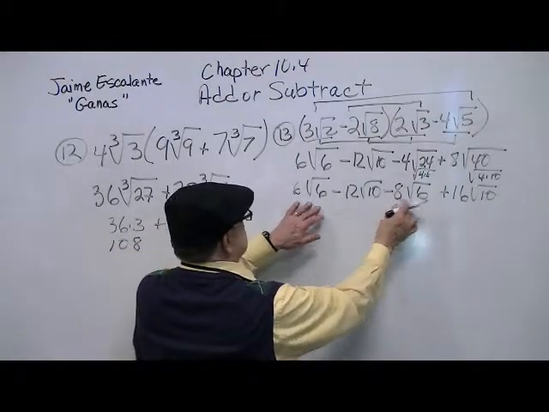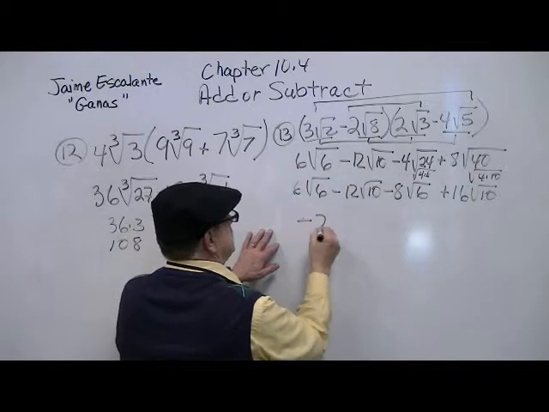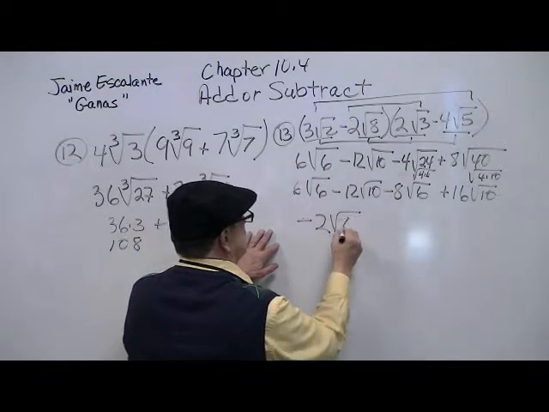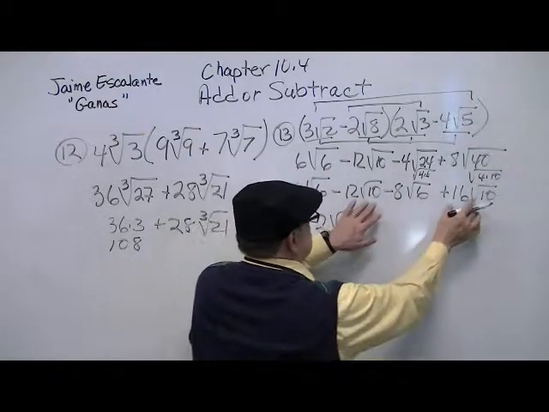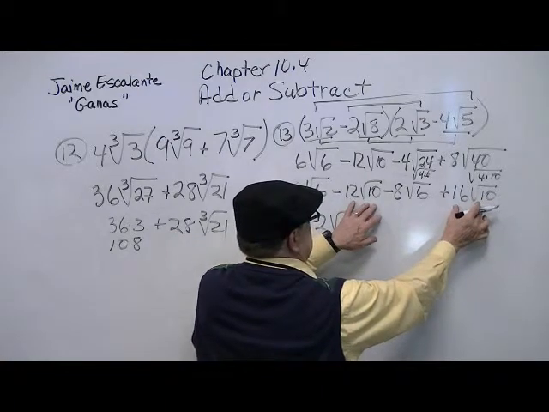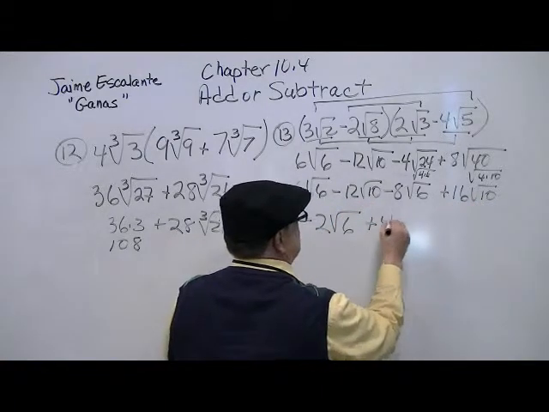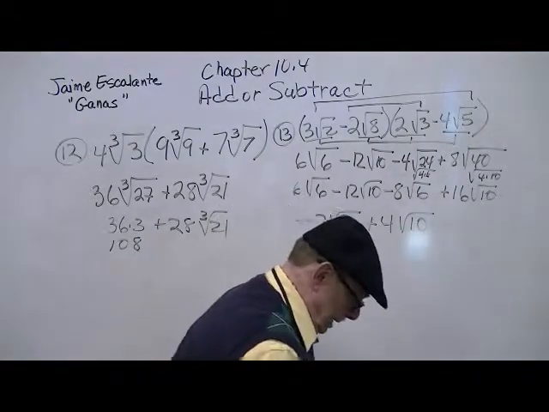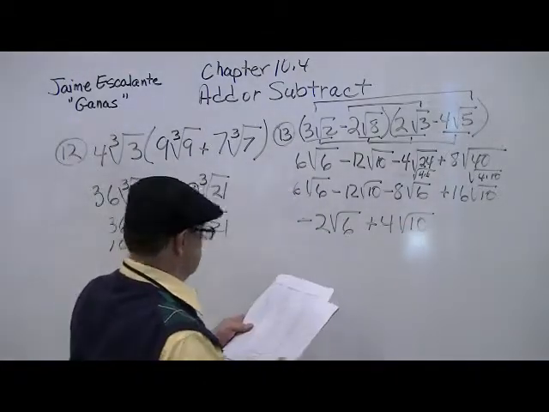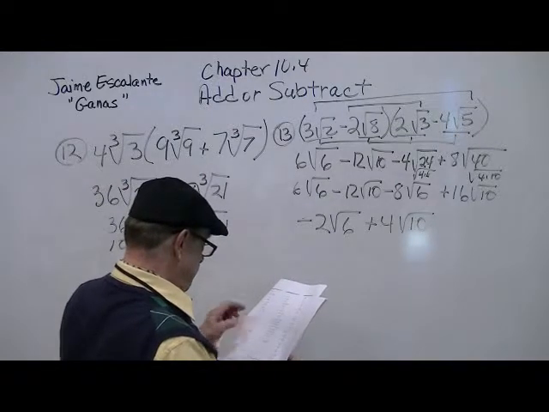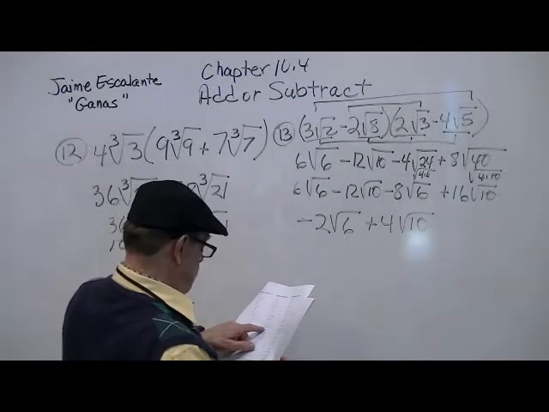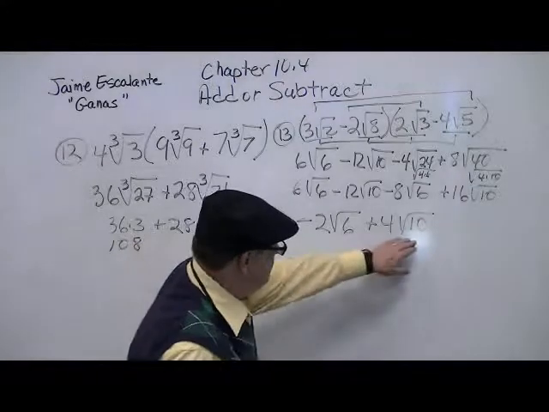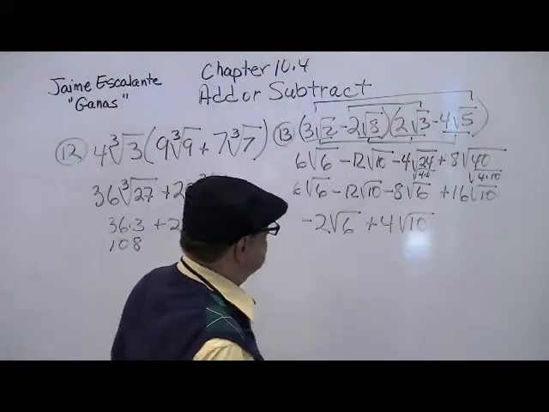These are like terms, and that ends up being a negative 2, the square root of 6. And these are like terms, and that ends up being plus 4, the square root of 10. And it never hurts to check your answer here. 13. Yes, and they have these switched around, but that's okay.